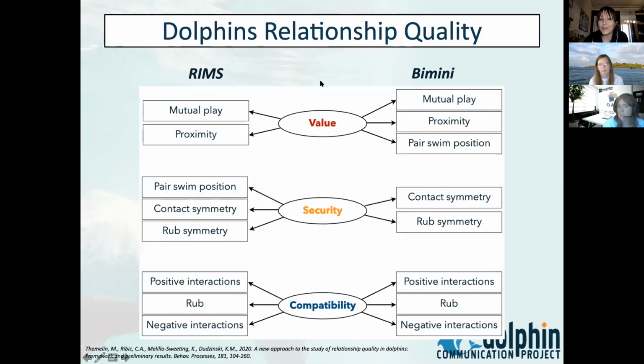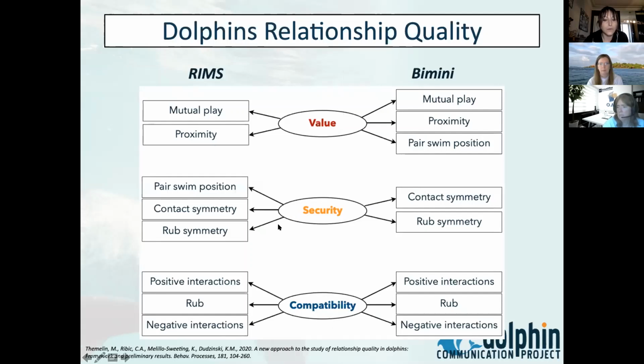The first thing you have to see here is we have 3 components: value, security, and compatibility. And each component has the same variables for the 2 populations. So mutual play and proximity here and here for Bimini and RIMS.